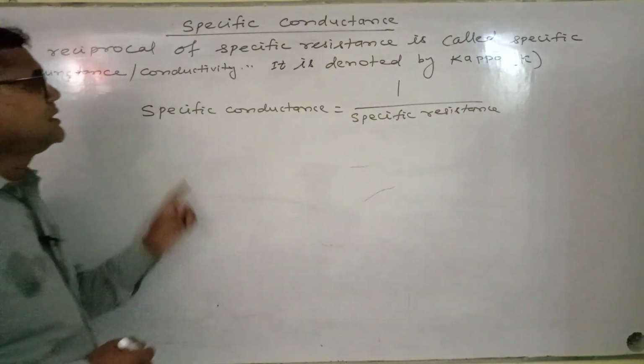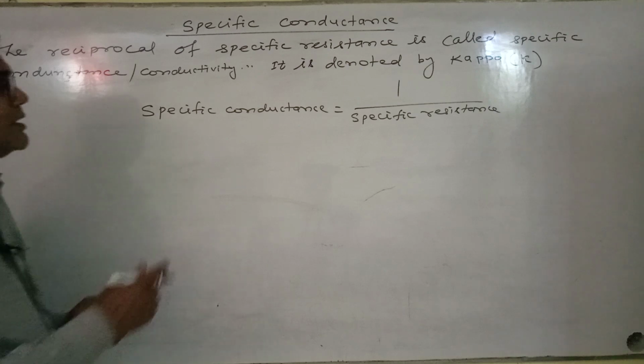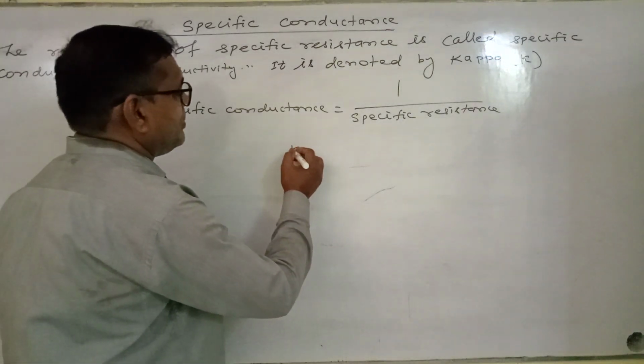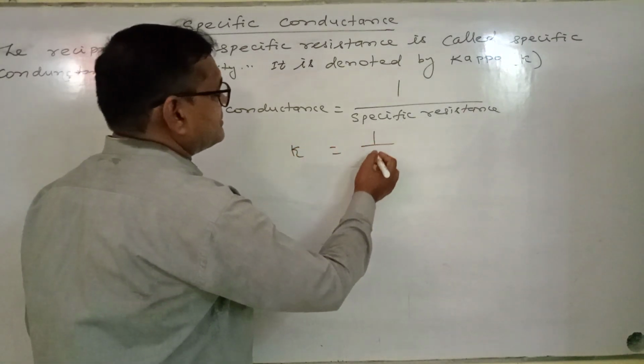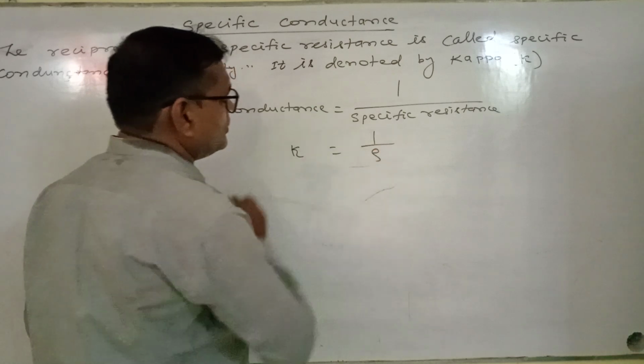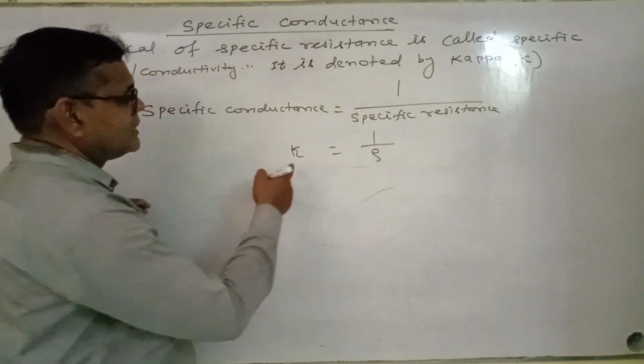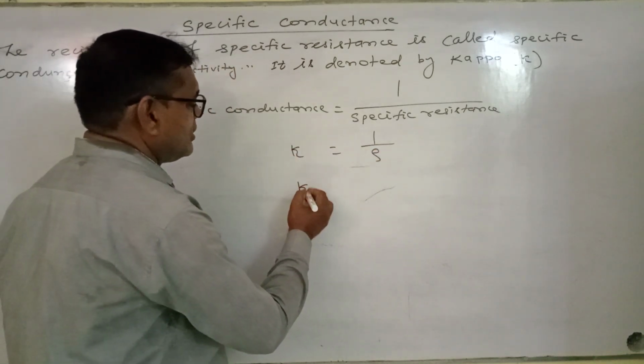We write the symbol of specific conductance as kappa and specific resistance as rho. It is a formula.